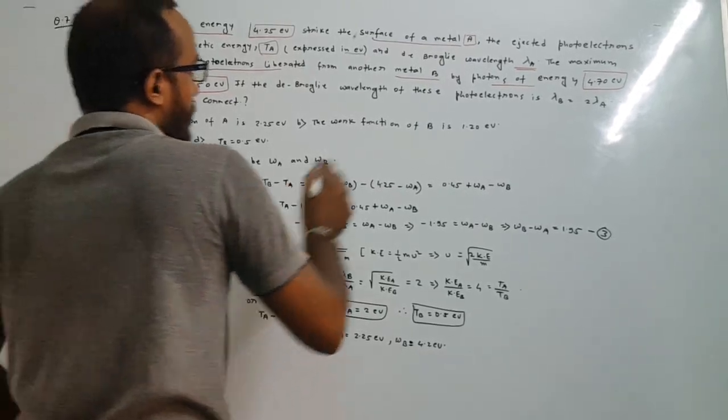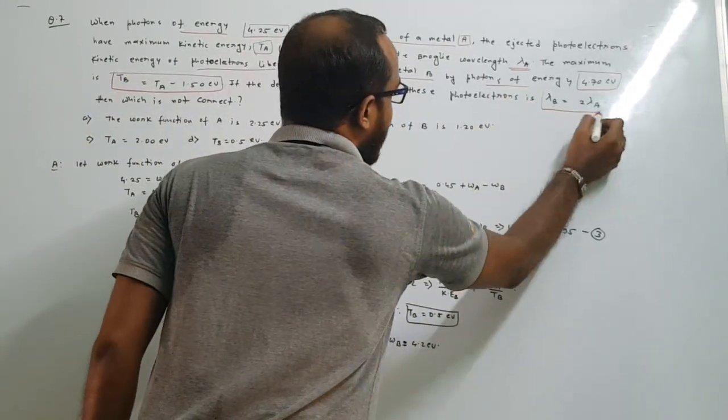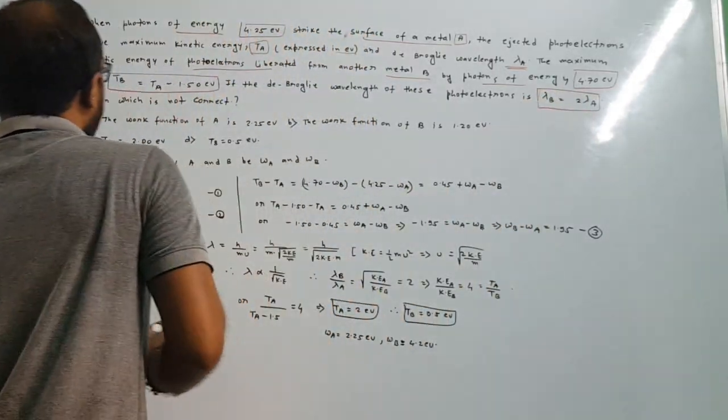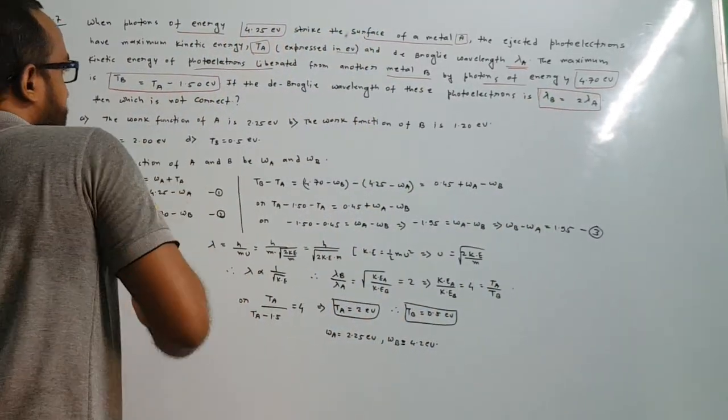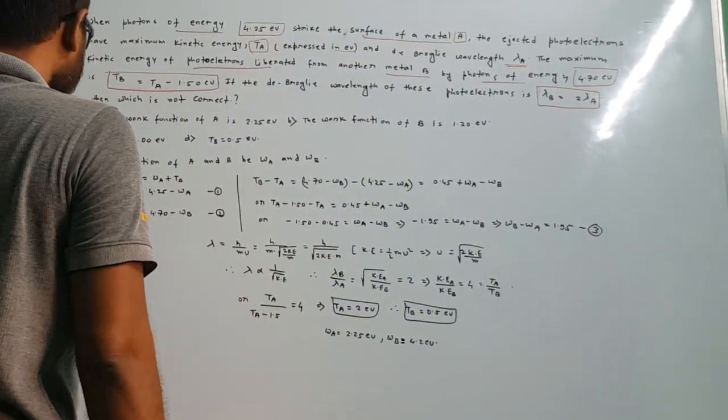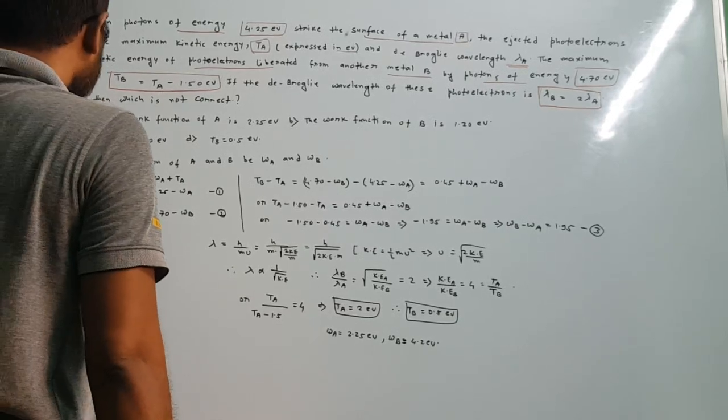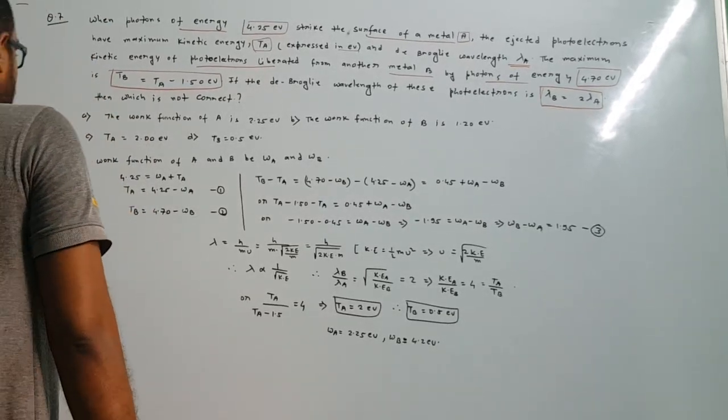If the de Broglie wavelength of these photoelectrons is lambda B equals twice lambda A, then which relation is correct? Now let us see, this is an important question.